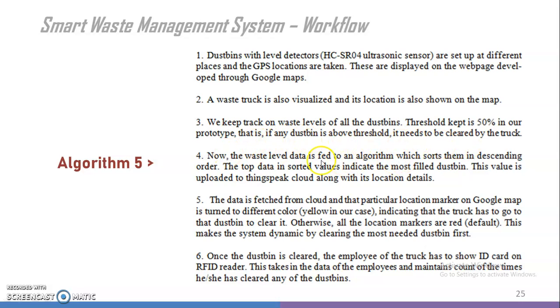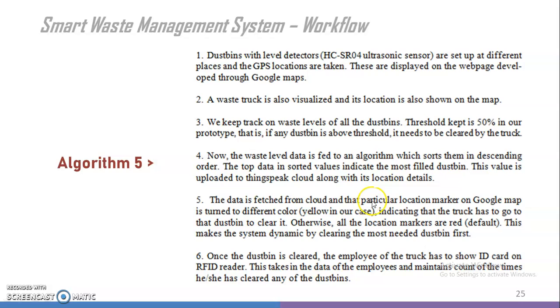Now the waste level data is fed to the Python code which we developed, and this sorts the data in descending order according to the waste level, which is the percentage of waste in the dustbin calculated by the level detector. The top data is the most filled dustbin, and this value along with the location details is uploaded to the ThingSpeak cloud.